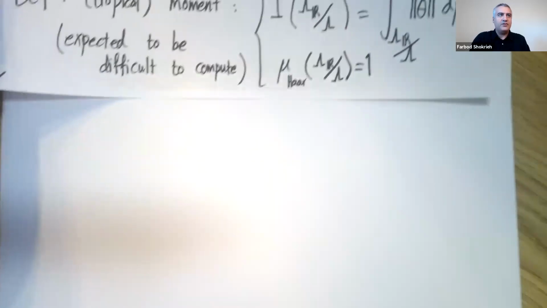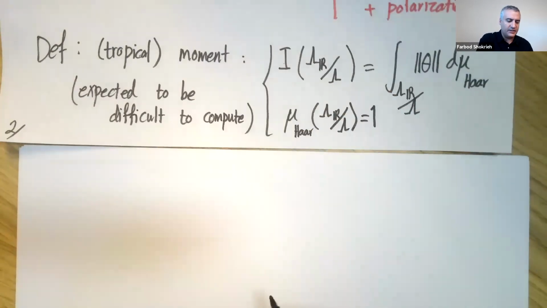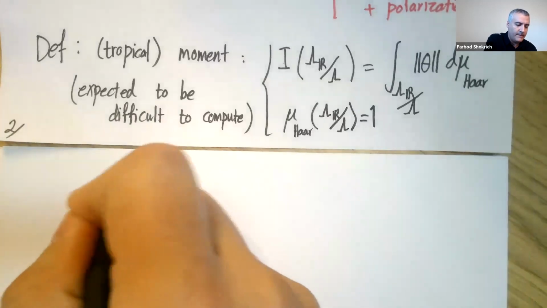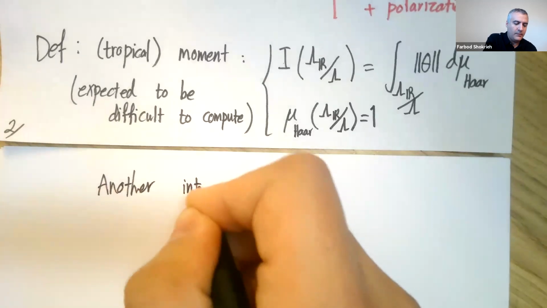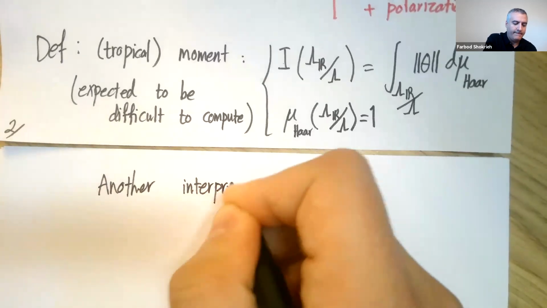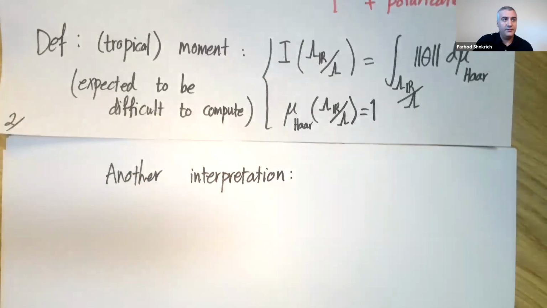Right, I think I'm actually ready to. Maybe let me give one other interpretation of this, which is not unfamiliar to people working with abelian varieties.